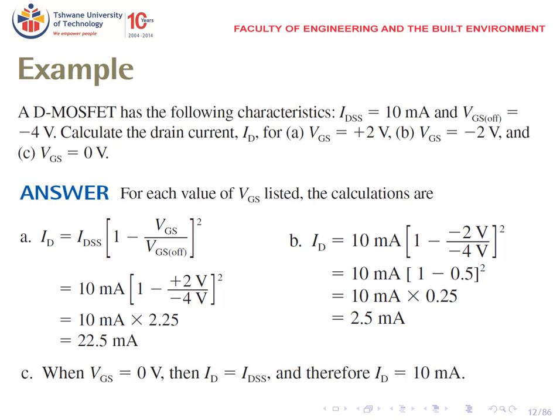From 10, it increased to 22.5. For B, we used VGS of -2, meaning that the value of ID will drop to 2.5. For C, VGS is equal to 0, so ID will remain as our IDSS, which is equal to 10 milliamperes.